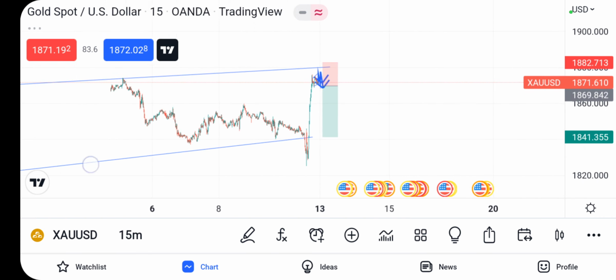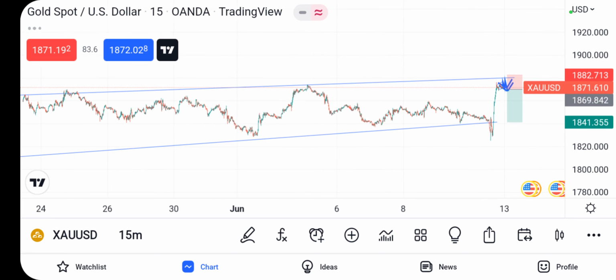Okay, so that's not bad. And then I take the profit around here, and to see if the market breaks again and corrects, I'll continue to hold the trade like that. So that's what I'm seeing on gold, guys.